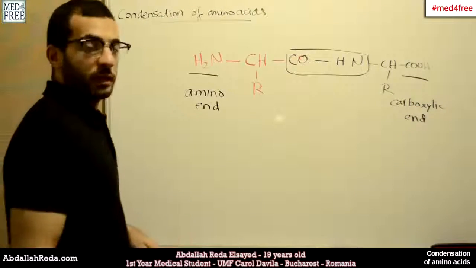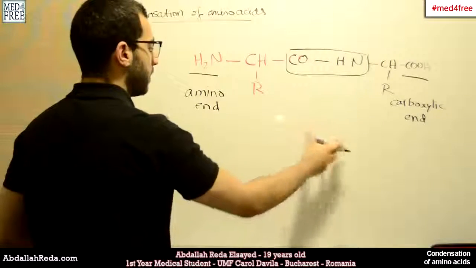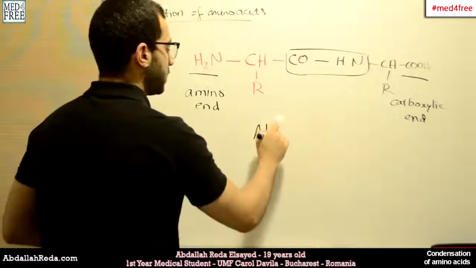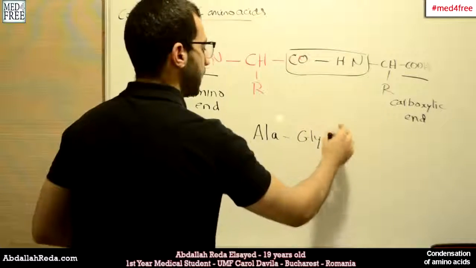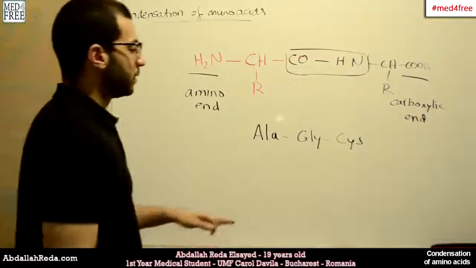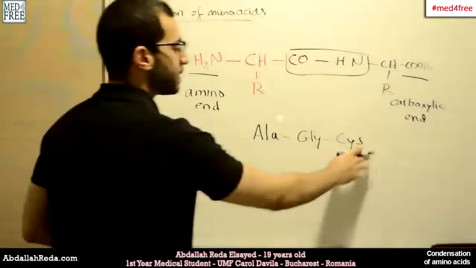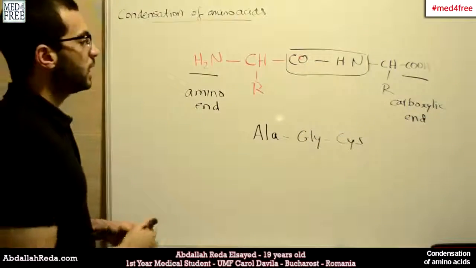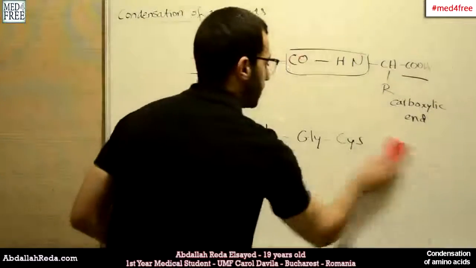And usually when we write the amino acids in the peptide chains, for example, if you have a peptide chain formed of alanine, glycine, and cysteine, we conclude that alanine is at the amino end and the cysteine is at the carboxylic end. This is the concept of the condensation of amino acids.